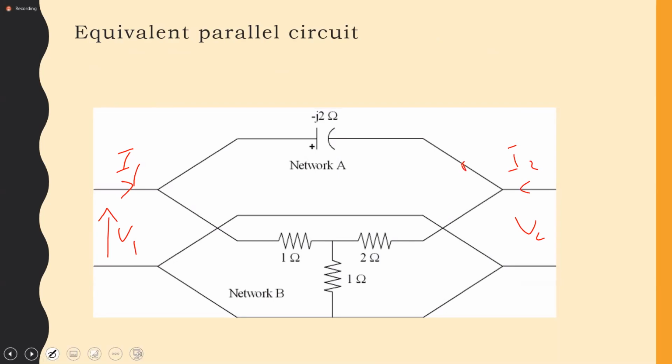The currents. So let's call that 2A. Let's call that 2B. So it means that this would be 1A and this would be 1B. All right.